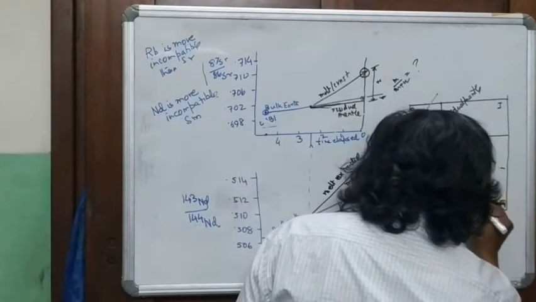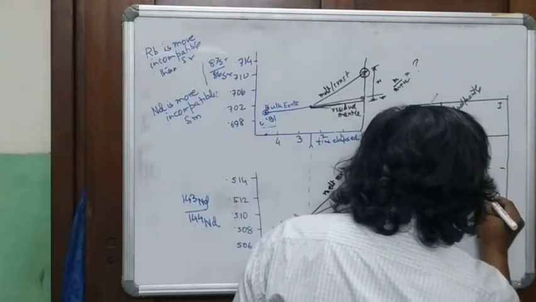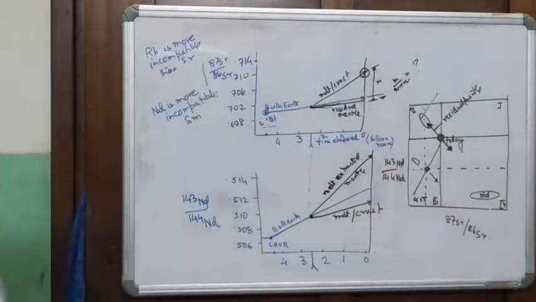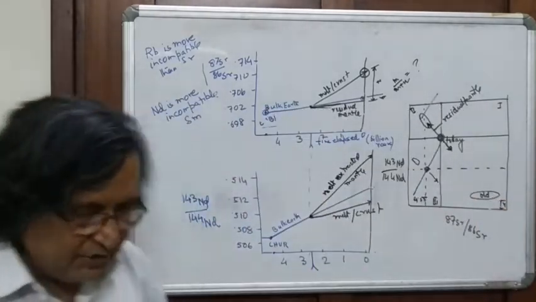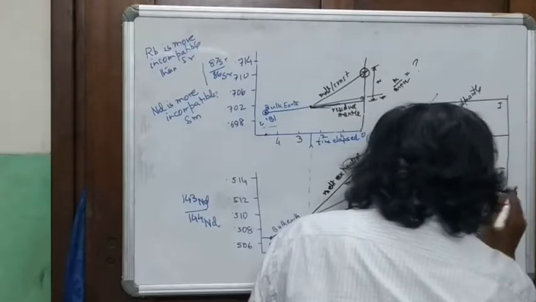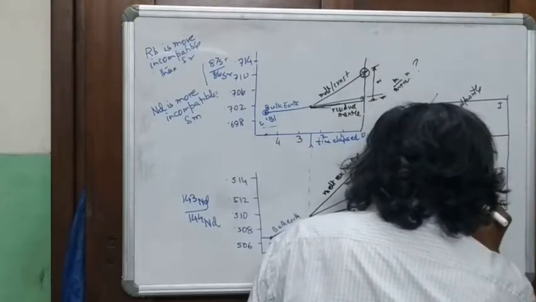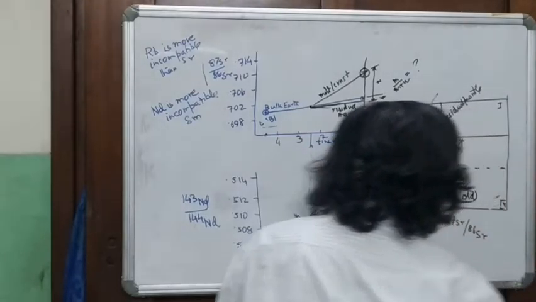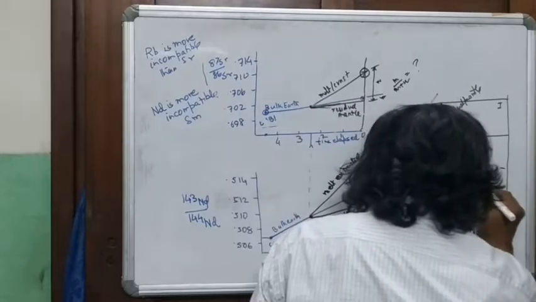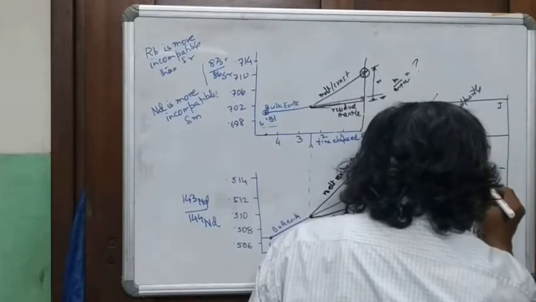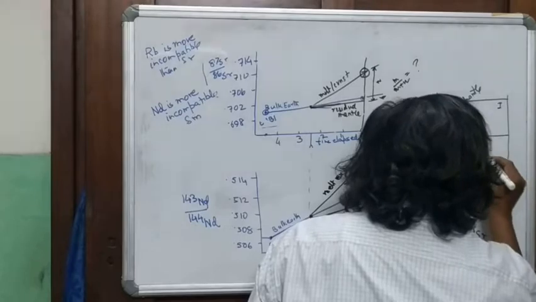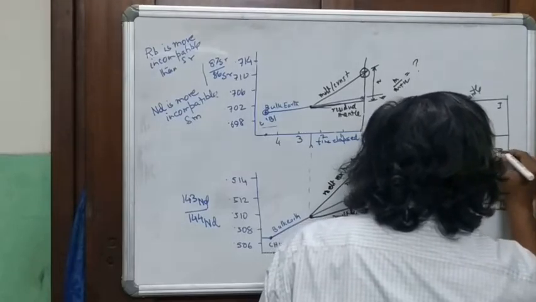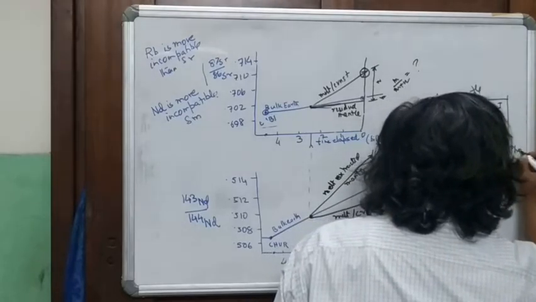If you have the old crust today, it should be here. Old means also lower crust. I will ask you to find out the reason why. The younger crust would plot here, the younger crust. And this would be the place where you have possibly Phanerozoic crust.